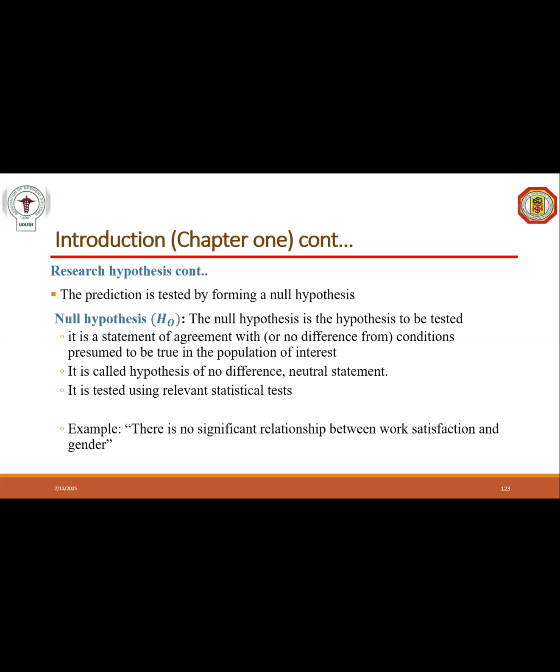Then we leave it. The next objective is to identify the factors that are associated with IPC practice. So this one requires a hypothesis. Because why? Because it wants to identify the factors associated with something. This associated with this, or this associated with that. So how do you state hypothesis?